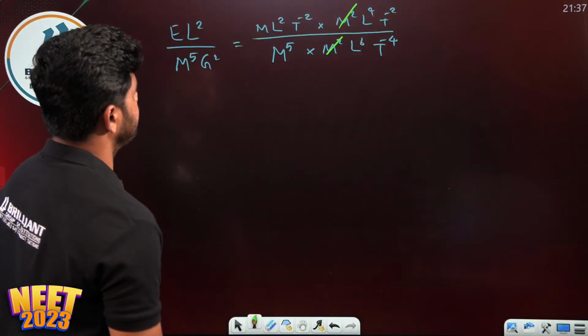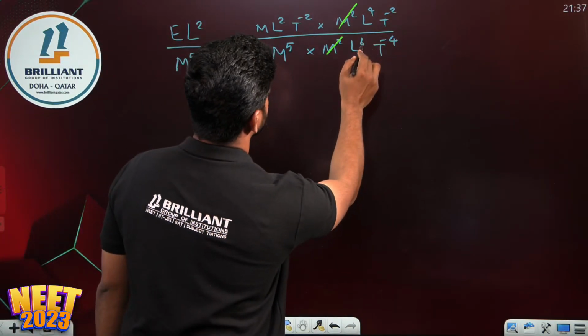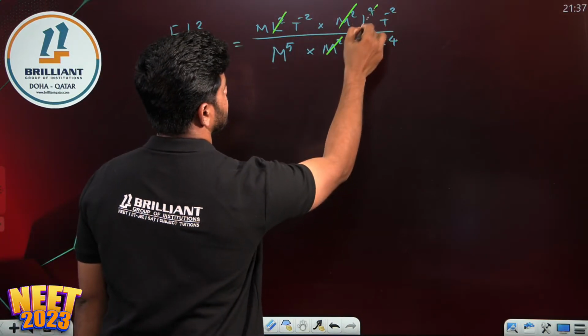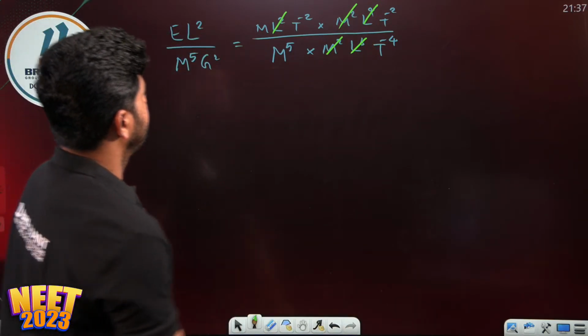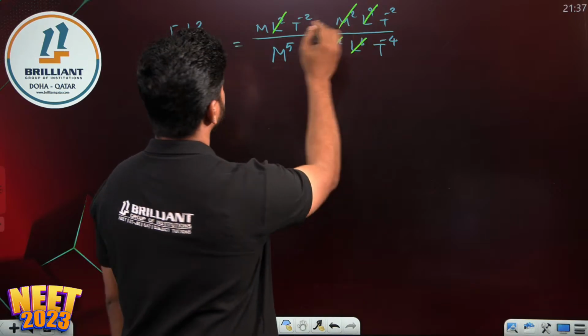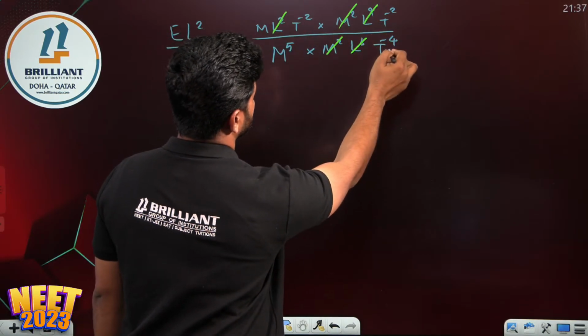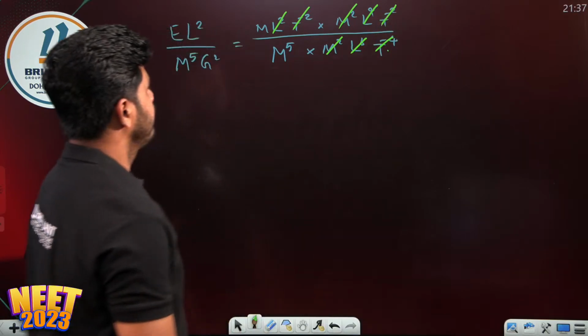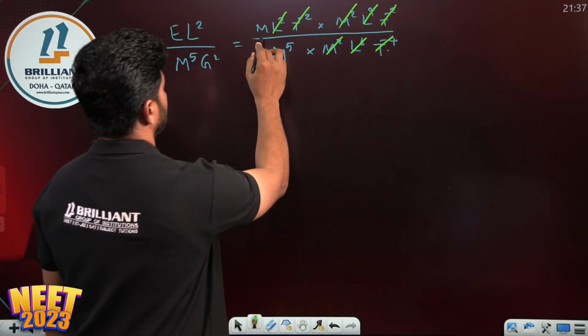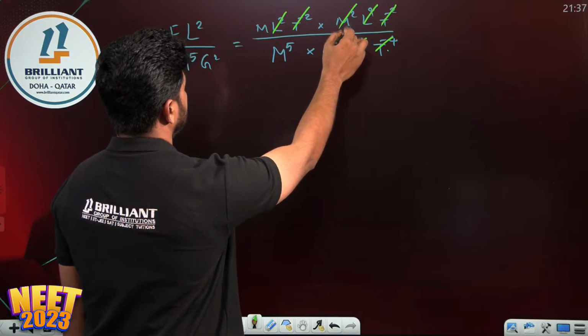Yes, m squared is cancelled. Look at this, L raised to 6, L squared, L raised to 4, L raised to 6 is cancelled, correct? Then T raised to minus 4, T raised to minus 4 gets cancelled. Done. And then what about m?